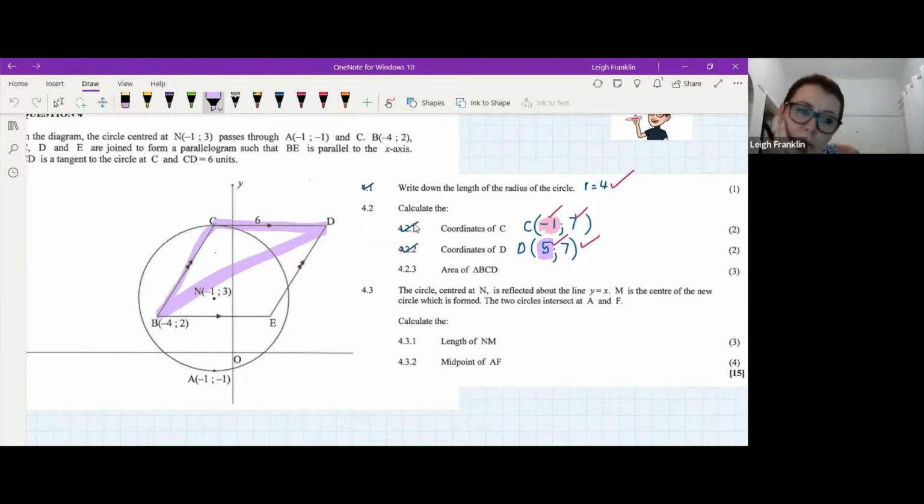All right, so BCD is a triangle and BCDE is a parallelogram. So if we know the length of this line over here, let me just highlight it in pink.